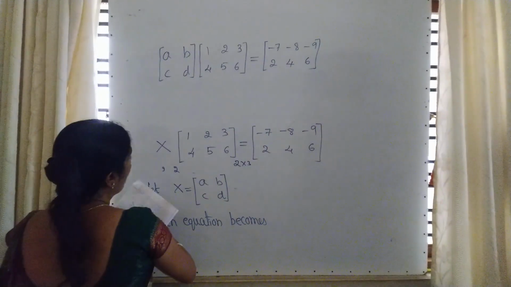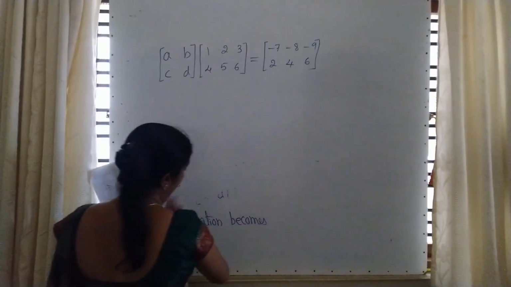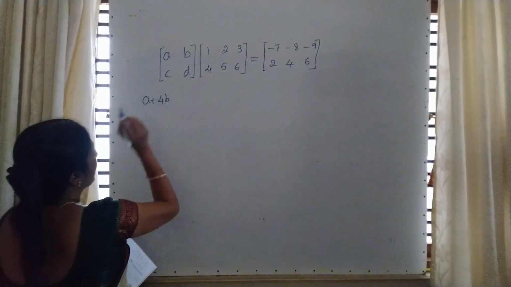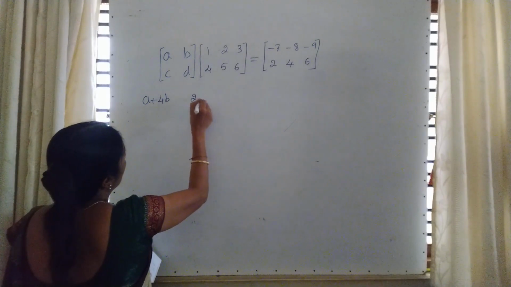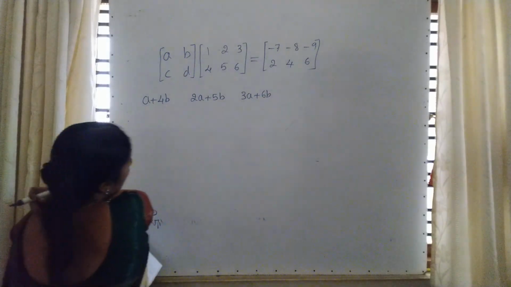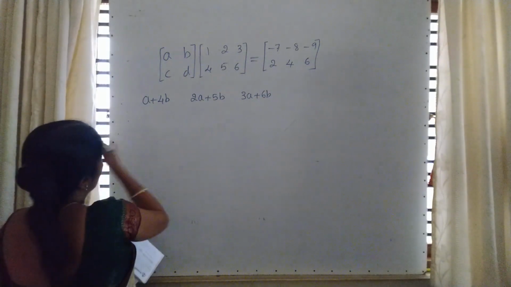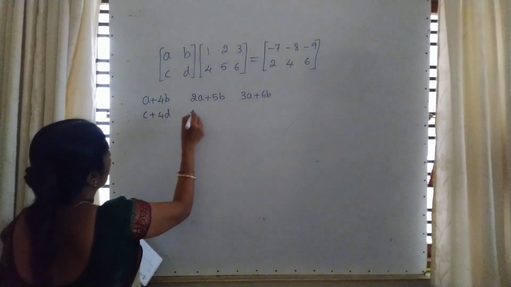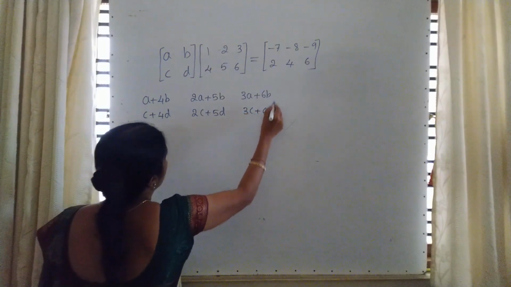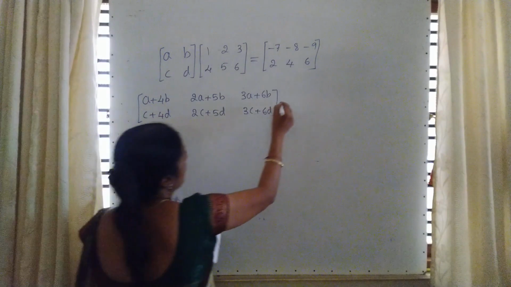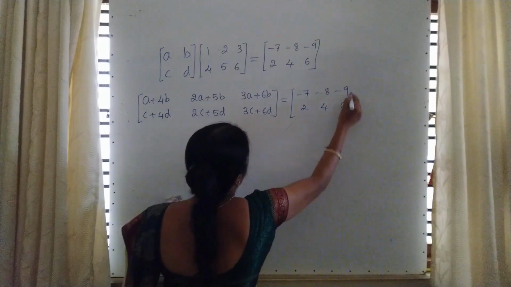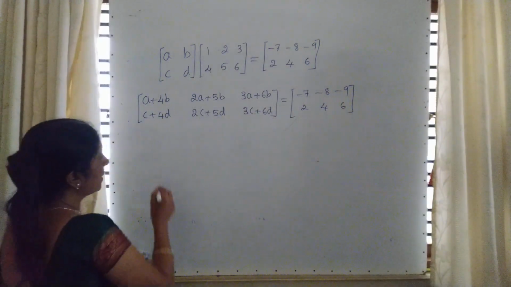Now on the left side multiply the matrices. First row with first column, A plus 4B, leave some place. First row with second column, 2A plus 5B. Next 3A plus 6B. Like that, go for the second row with first column, C plus 4D, 2C plus 5D, 3C plus 6D, is equal to [-7, -8, -9; 2, 4, 6], by equating the corresponding elements.